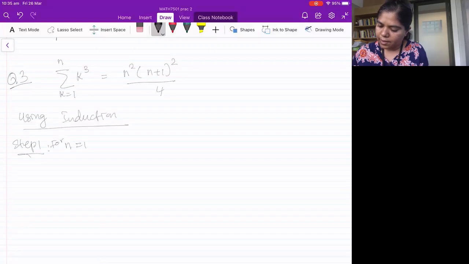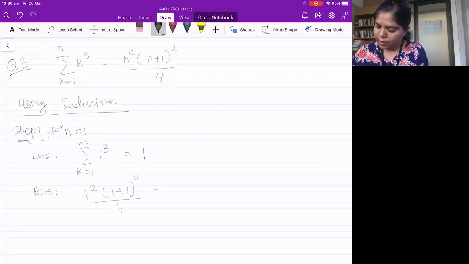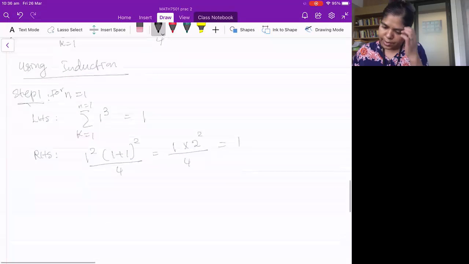For n equals 1, the left hand side is 1 cubed, which is 1, and the right hand side is 1 squared, 1 plus 1 squared, divided by 4, which is 1 times 2 squared over 4, which is 1. Okay? So that's true.